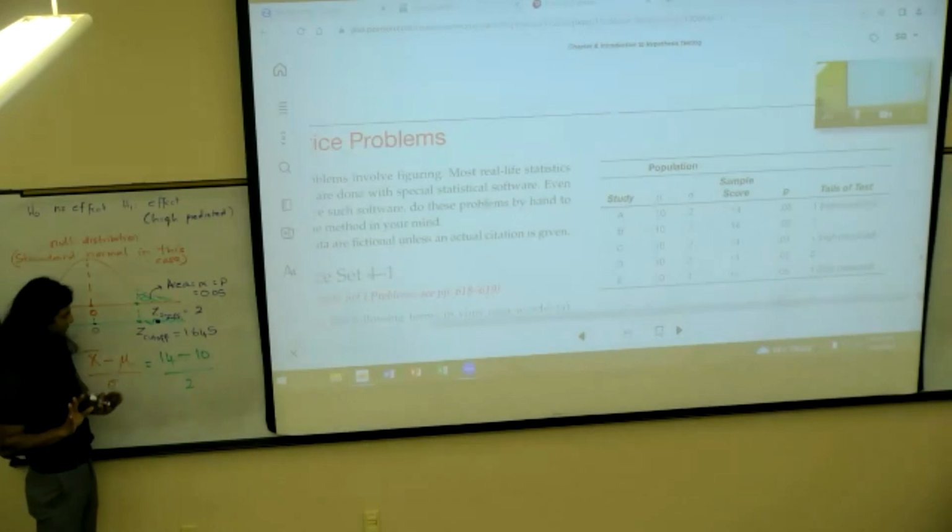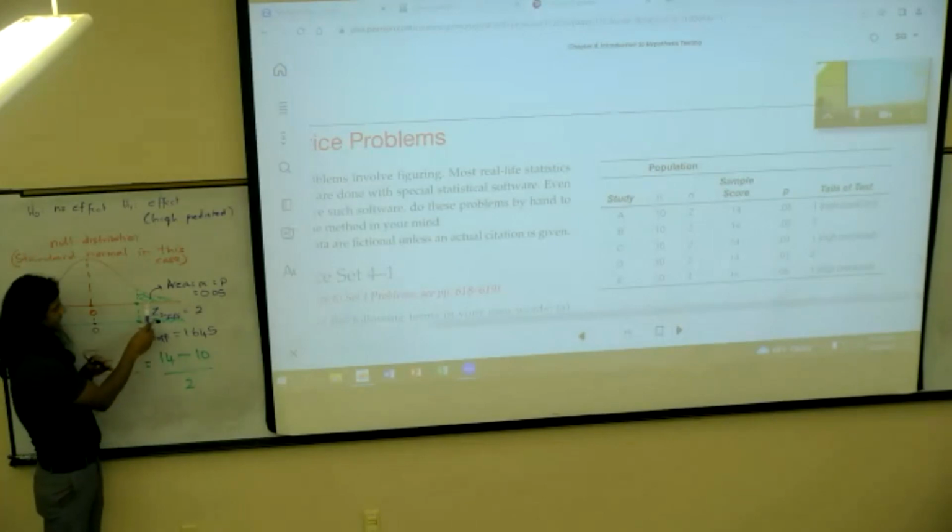Since Riley put this up, I'll just mention it, but we'll write it. The p-value that you get from the sample is the area above the sample z-score. Just by looking at this, Riley, do you expect that area to be larger than 0.05 or less than 0.05?